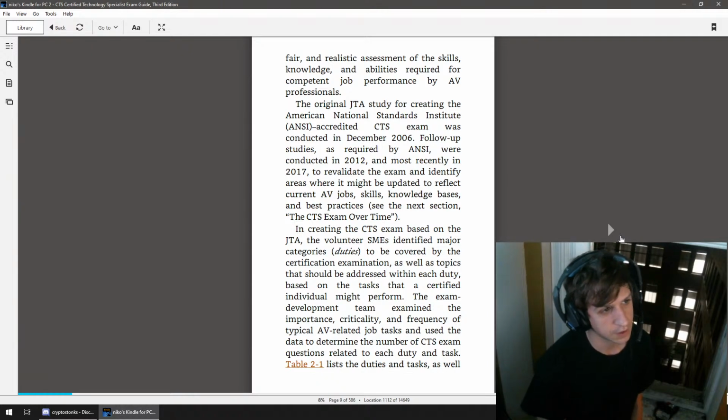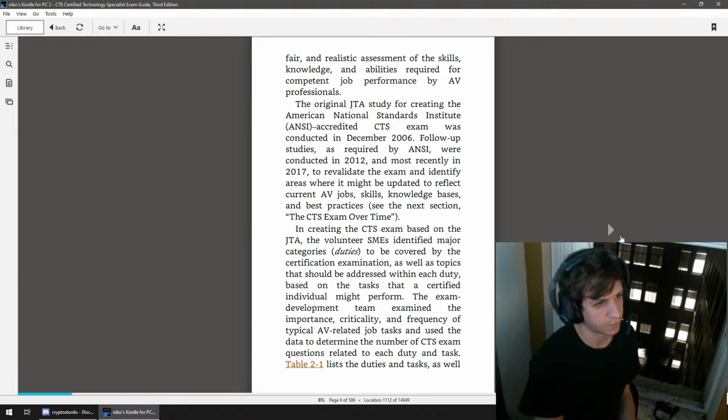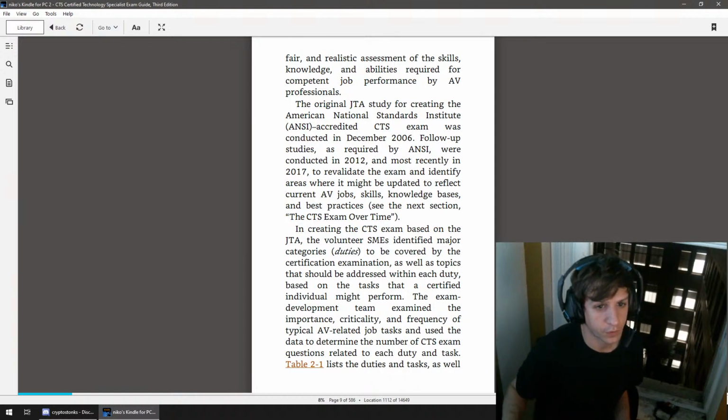In creating the CTS exam based on the JTA, the volunteer SMEs identified major categories to be covered by the certification examination, as well as topics that should be addressed within each duty based on the task that a certified individual might perform.